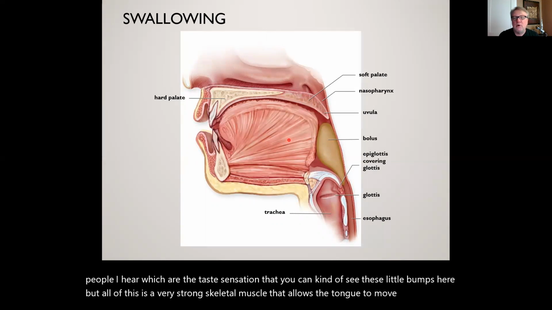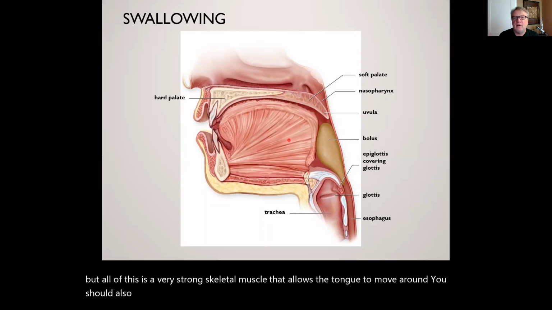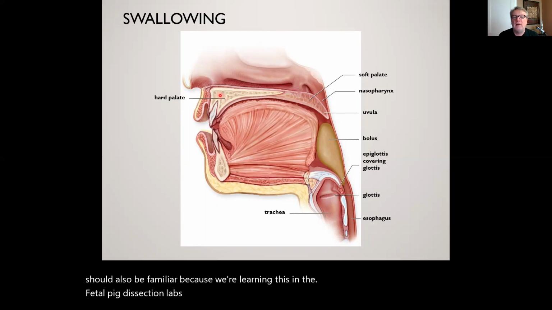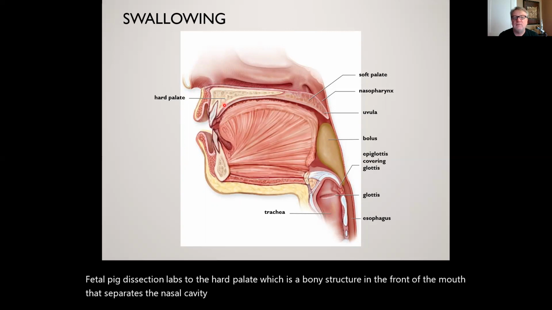You should also be familiar, because we're learning this in the fetal pig dissection labs too, with the hard palate, which is a bony structure in the front of the mouth that separates the nasal cavity from the oral cavity.